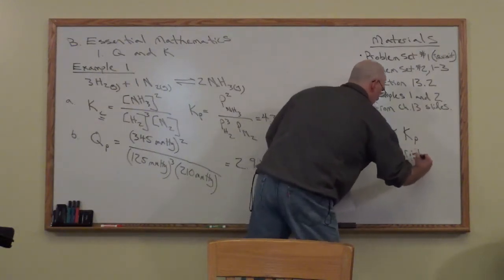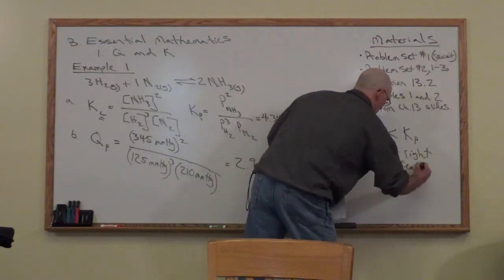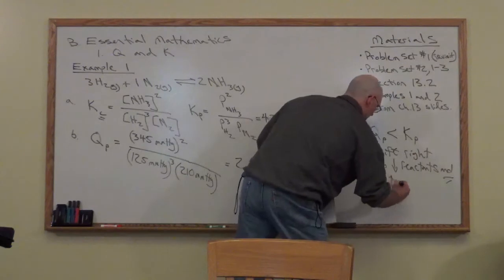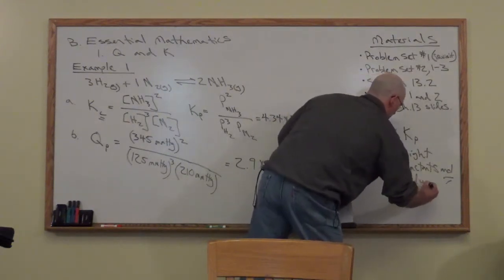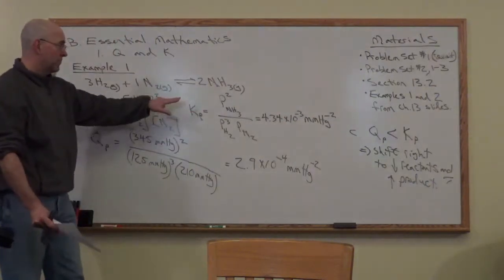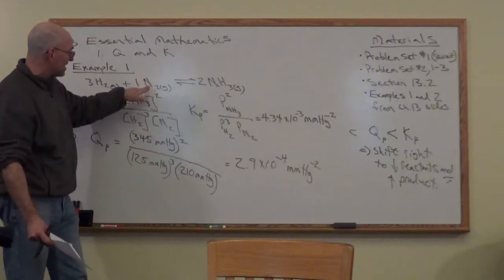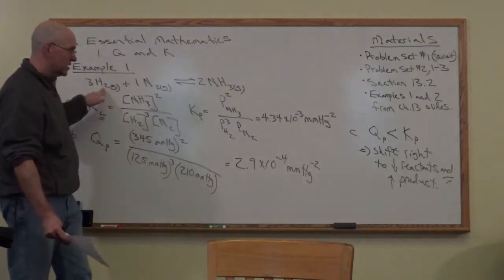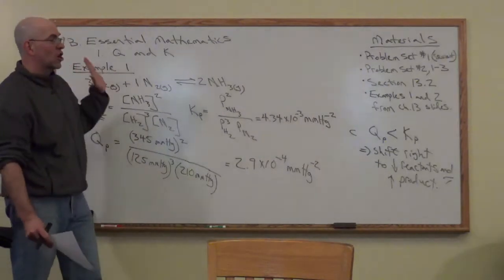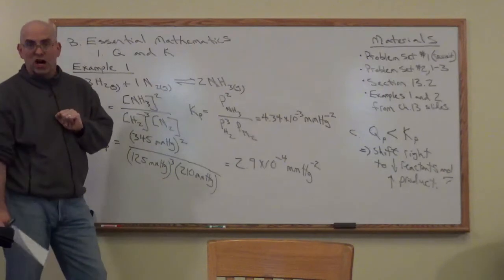Shift right to reduce reactants and increase product. So specifically for this equilibrium, more ammonia would have to be produced, and you would have less nitrogen and hydrogen to push this reaction towards the right to reach equilibrium.